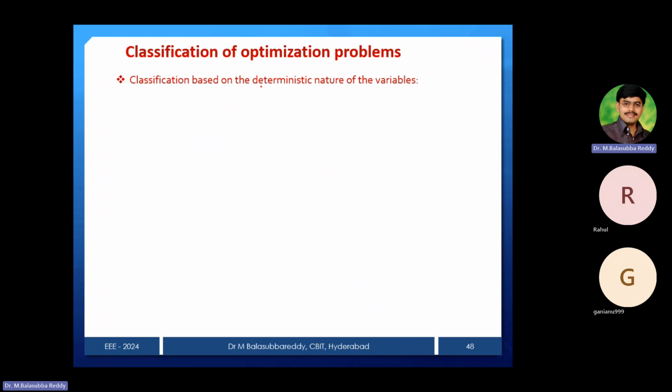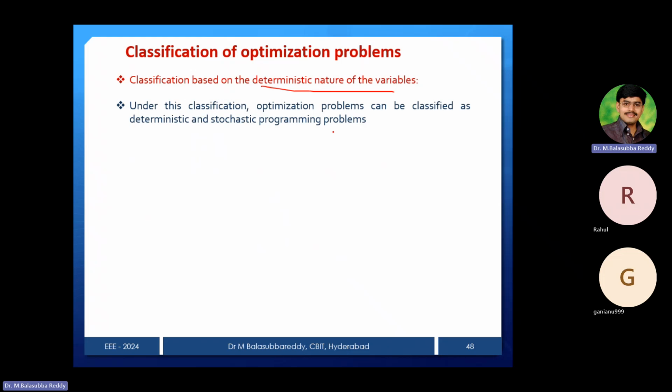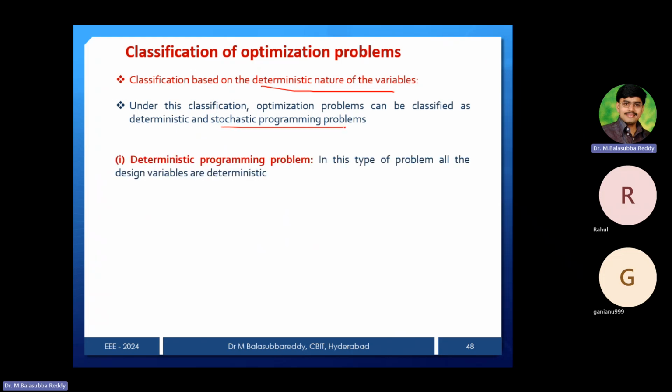And classification based on the deterministic nature of the variables: under this classification, deterministic and stochastic problems come into the picture. We can see what a deterministic programming problem is. All the design variables are deterministic.